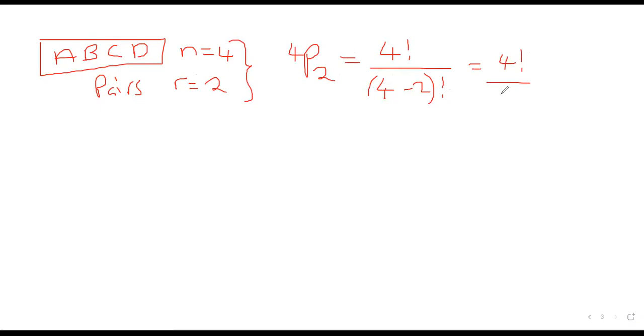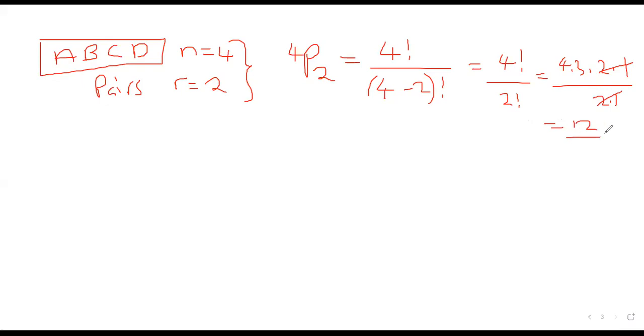Below it, we're going to have the 2 factorial. Then you multiply. 4 times 3 times 2 times 1, and below it, we have 2 times 1. These dots I'm putting here just signify that we're multiplying, so don't get confused. So my 4 permutation 2 will ultimately give me 12.